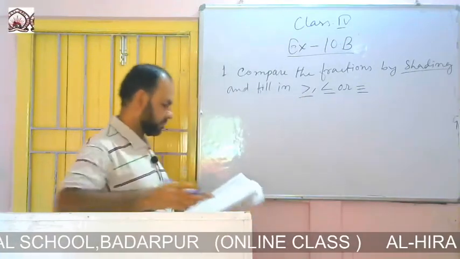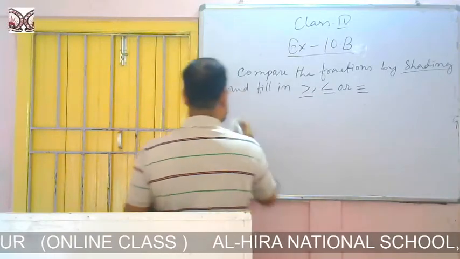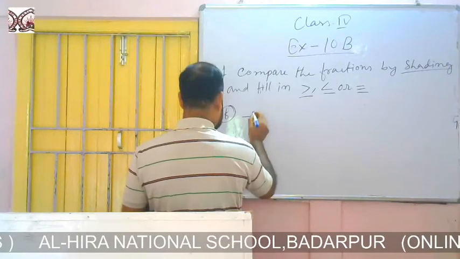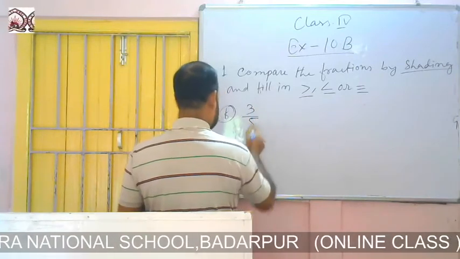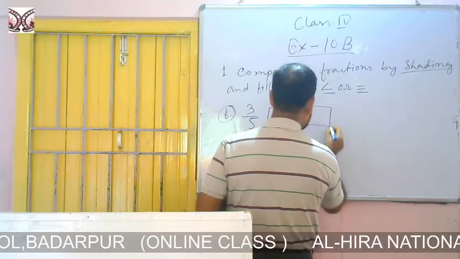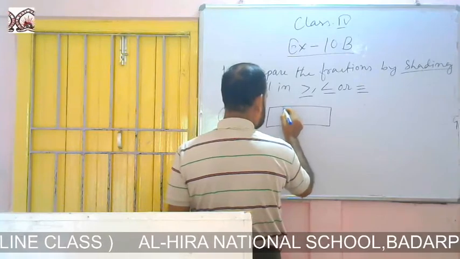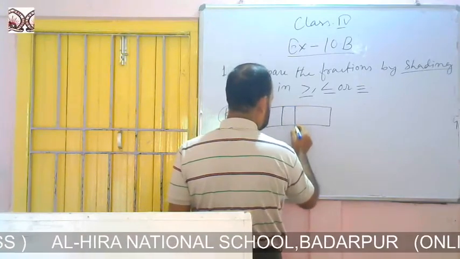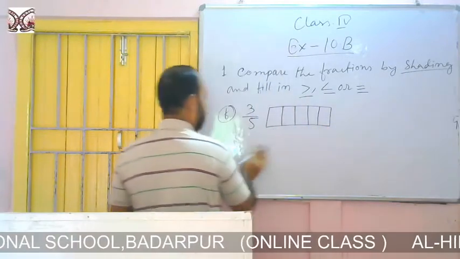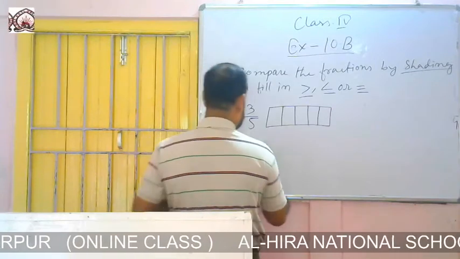Next, question number F. The fraction is 3 by 5. We make 5 equal parts: 1, 2, 3, 4, 5. And the next fraction is 3 by 7.